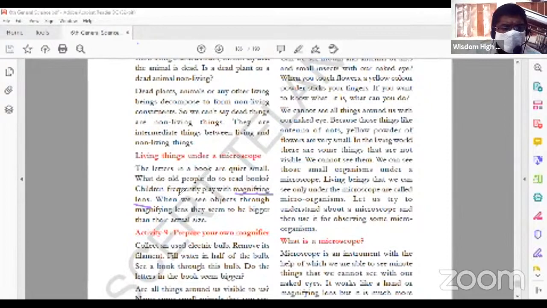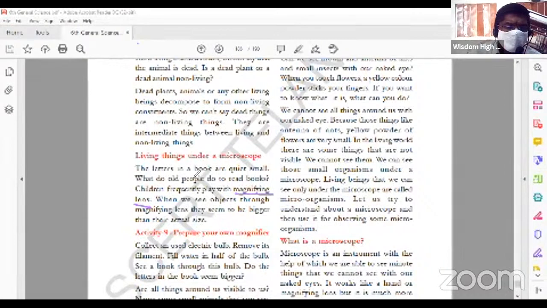When we see objects through a magnifying lens, they seem bigger than their actual size. Children, you can observe that the letters are too small to be visible to us. But when you observe through the magnifying lens, you can see these letters very clearly.